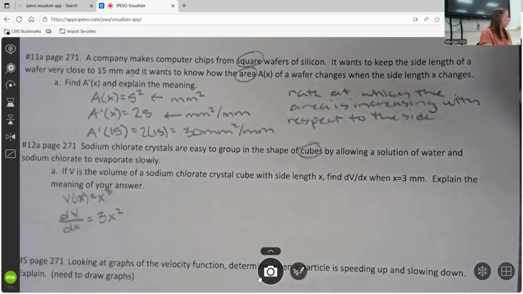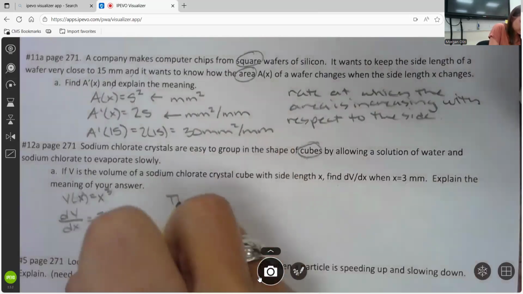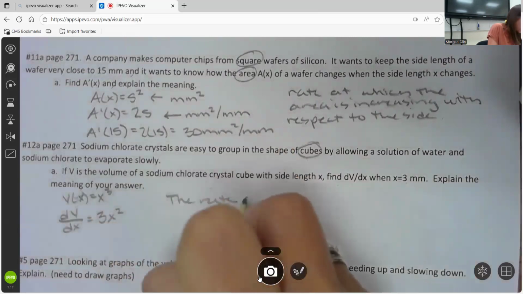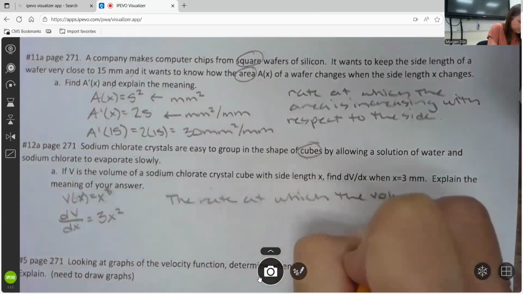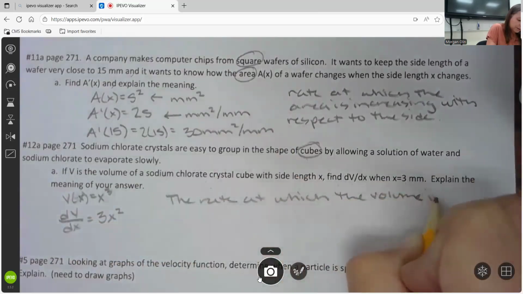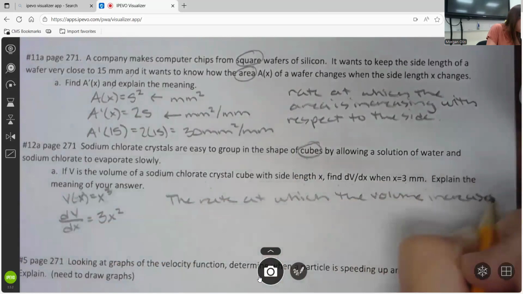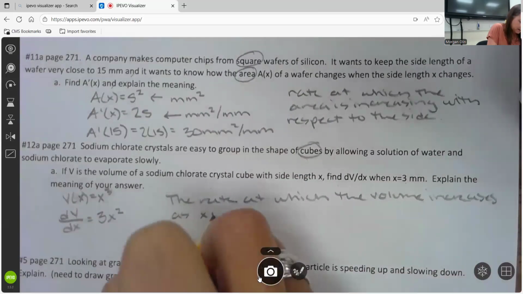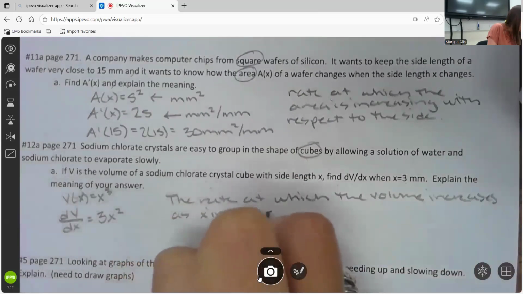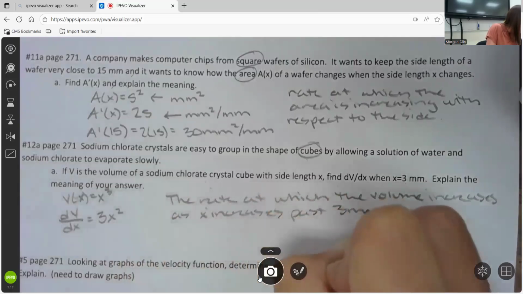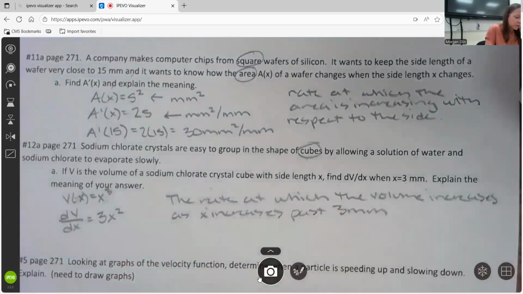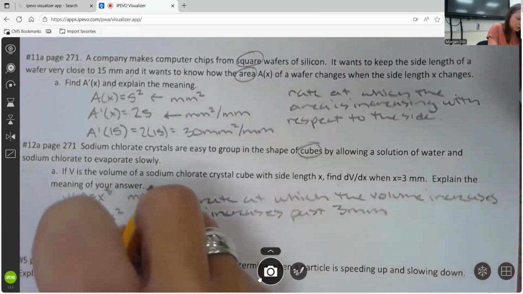All right, so well, what does this mean? All right, again, this is going to be a rate. So it's the rate at which the volume increases as X increases past 3 millimeters. Okay, so like here, this would be millimeters cubed.